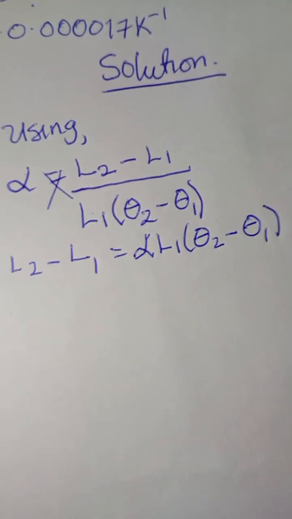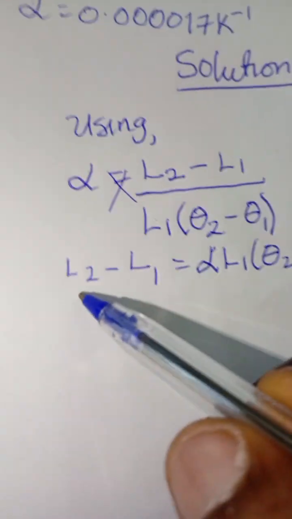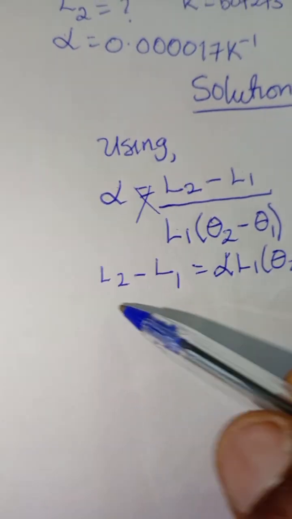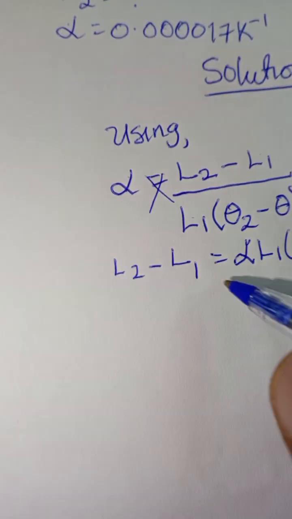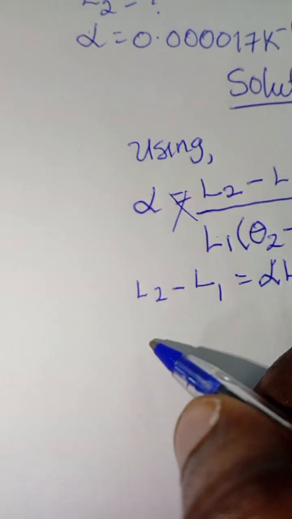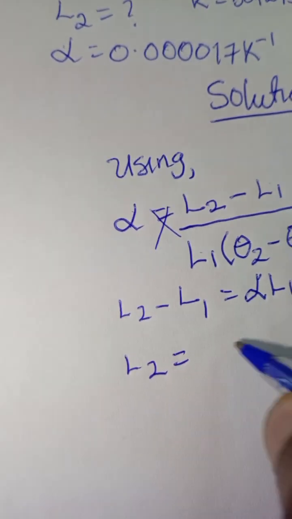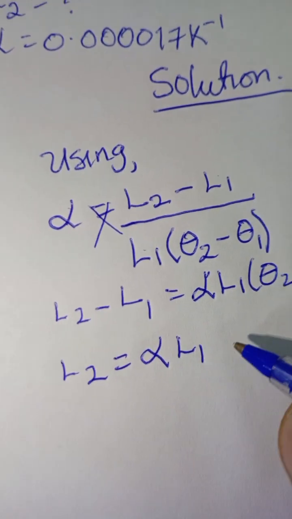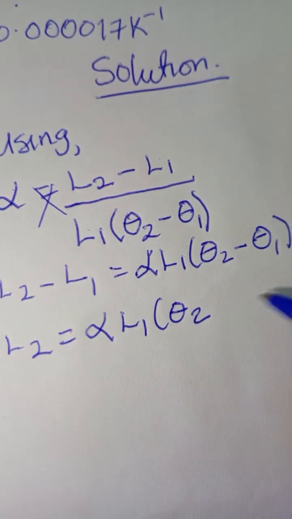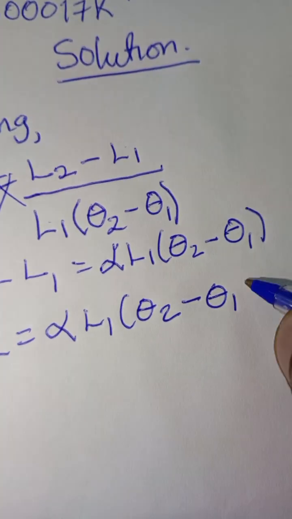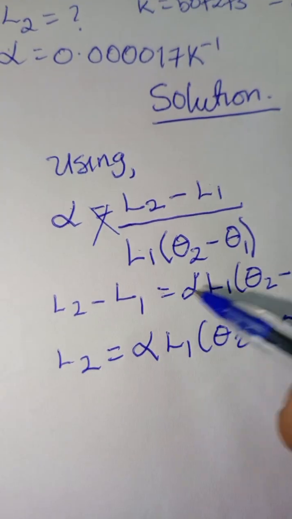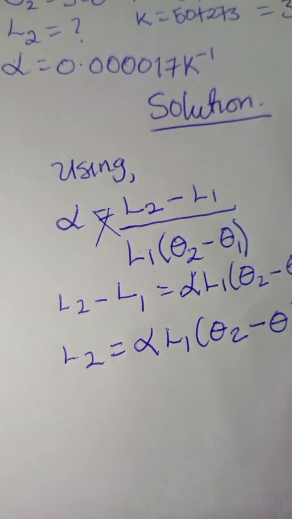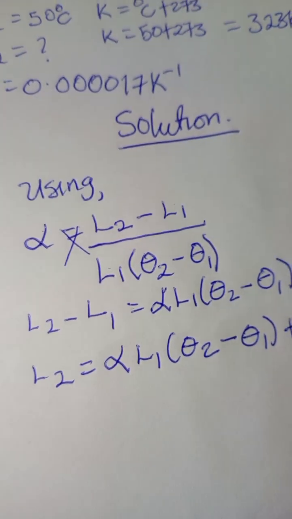Alright, so having this now, L2 is not yet the subject of the formula, so to do that we are going to take this L1 across, minus L1 across, so it turns to plus L1. So we are going to have L2 is equal to alpha L1 theta 2 minus theta 1 plus L1.